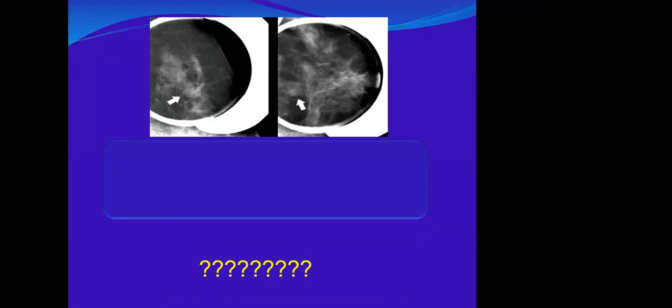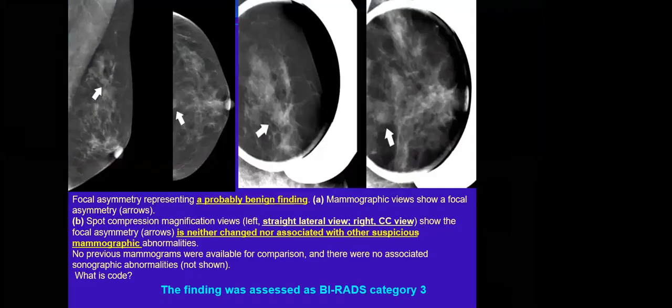Why have we done 2 different projections for spot compression rather than a single projection in asymmetry?